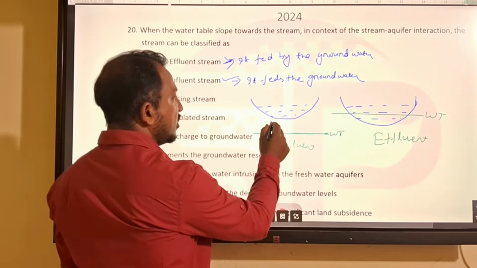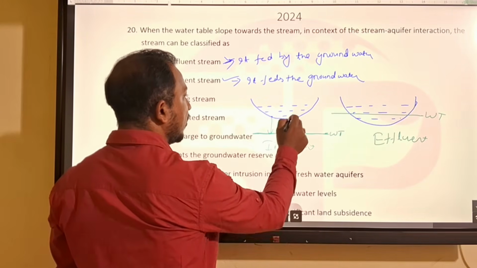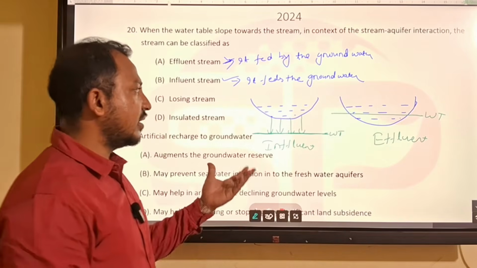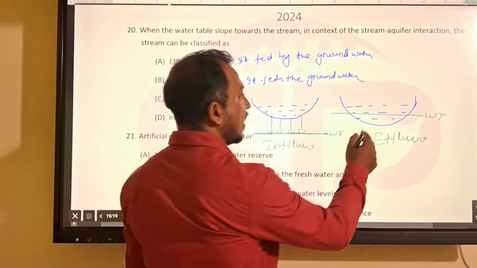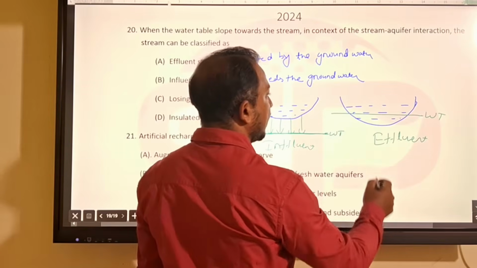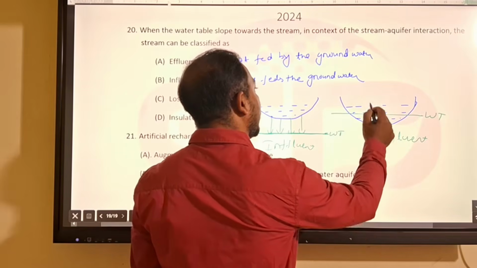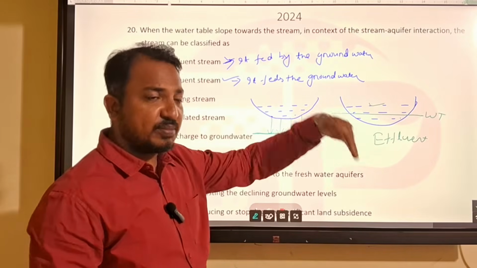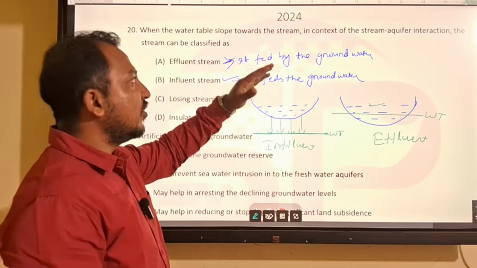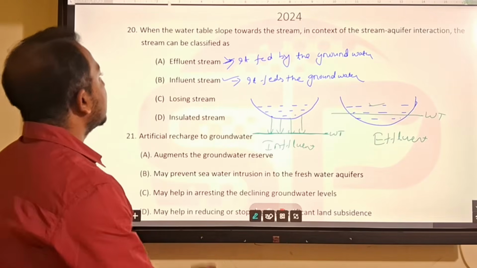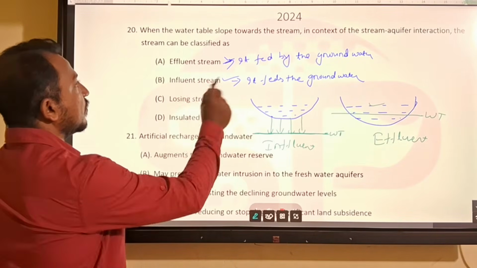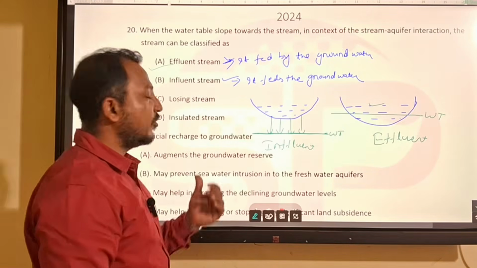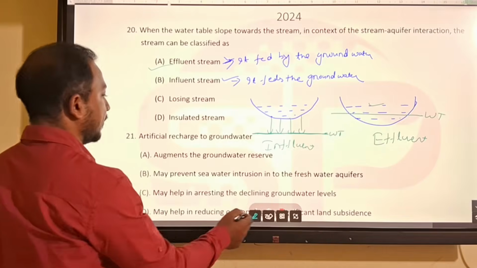As the water table is below the reservoir, groundwater will be fed by the reservoir, so the water capacity of the reservoir will lessen. And if the water table is within, then the water table will feed the reservoir. Here it is given that the water table slopes towards the stream, meaning it feeds the stream, so that will be an effluent stream. So the answer will be effluent.